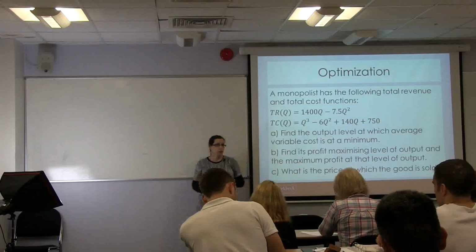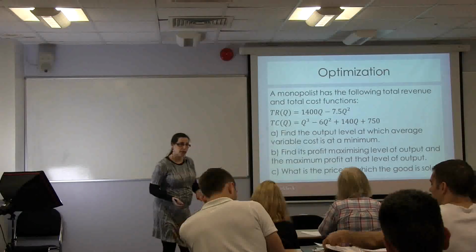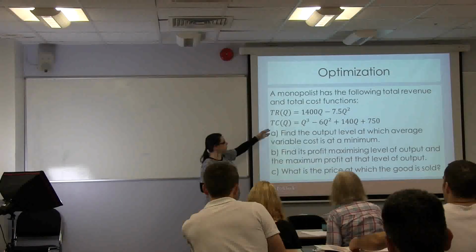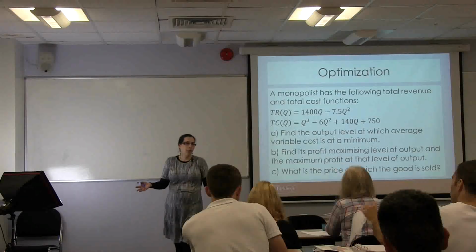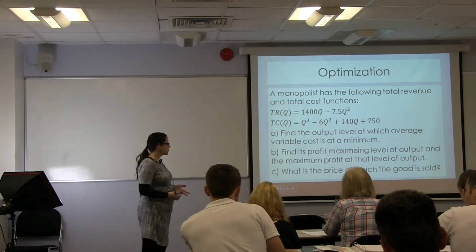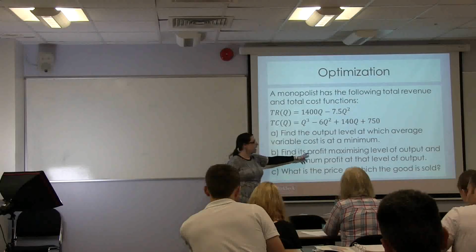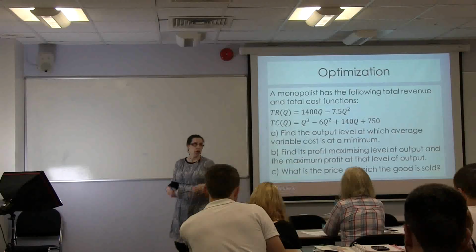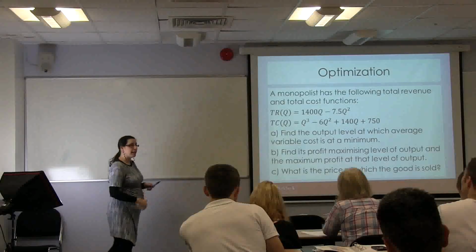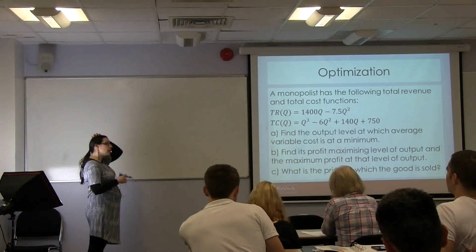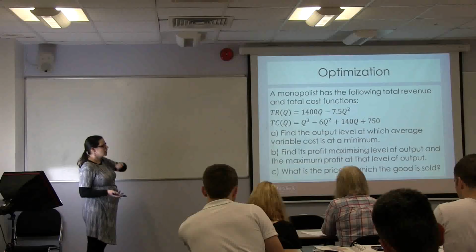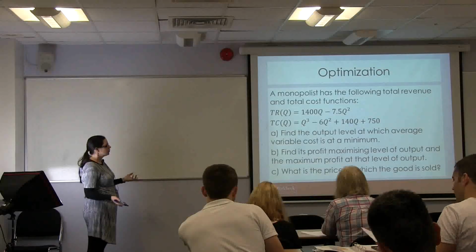Total revenue is involved, so straight away you need to know how to calculate total revenue, because you might need to use that later on. Cost functions, you need to know what kind of parts are in the cost functions. What is the difference between variable and fixed costs? And what is the profit? How do you calculate the profit? These are definitions and formulae that you really need to be clear about, because otherwise you don't understand the question. And again, what's the difference between the average and the cost.